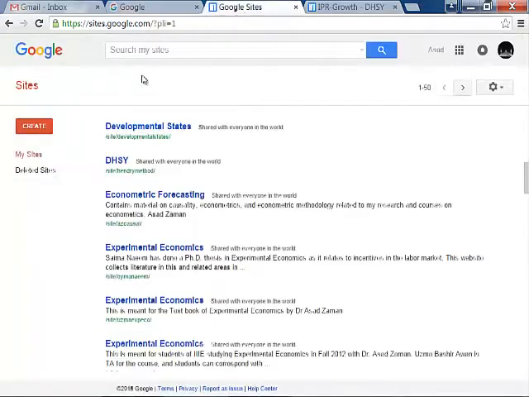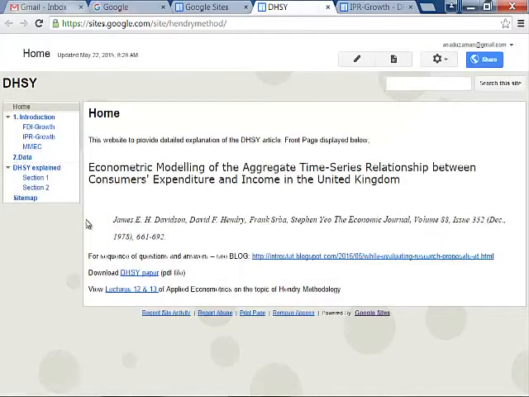In my point of view, there was a paper written, this is the paper, Econometric Modeling of Aggregate Time Series Relations Between Consumers' Expenditure and Income in the United Kingdom. This is simply a model of the consumption function: consumption equals alpha plus beta y.